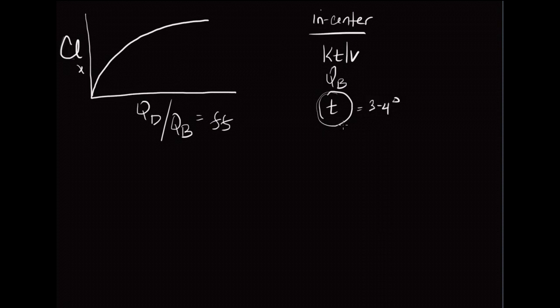And we tell our machine if we want to achieve a KT over V at a particular blood flow, and we can only keep the patient on the dialysis machine for 3 to 4 hours, then what we want you to do is figure out how much dialysate flow is required. In other words, how much filtration fraction is needed.